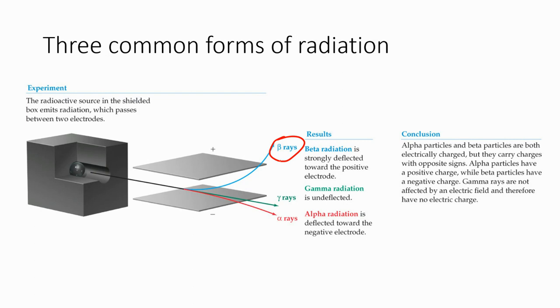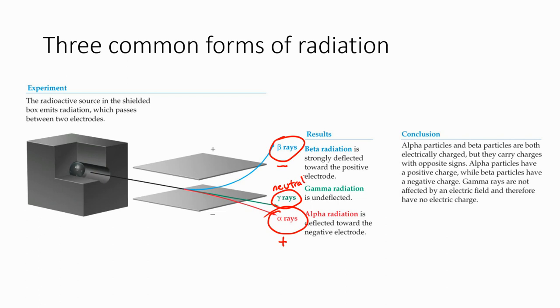And what that means is the beta particles are negative in charge, and the alpha particles down here are attracted to the negative plate, or deflected by the negative plate. That must mean alpha particles are positively charged, while gamma rays pass straight through, which means they must be essentially neutral. They don't have a charge.